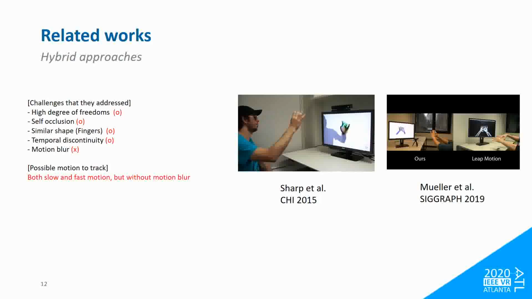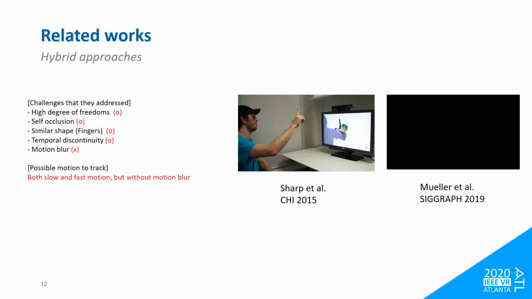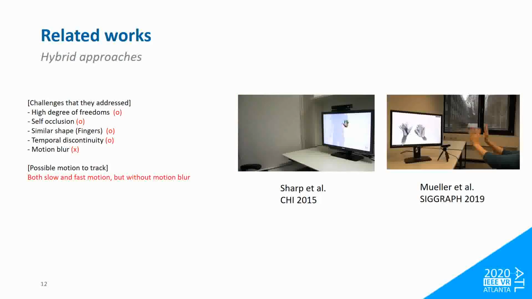Hybrid approaches combine the merits of generative and discriminative approaches. They can reinitialize the hand pose from a detection method or learning method, despite fast hand motion. So temporal discontinuity is not an obstacle for these approaches. However, in the presence of motion blur, they may fail to track the hand pose.